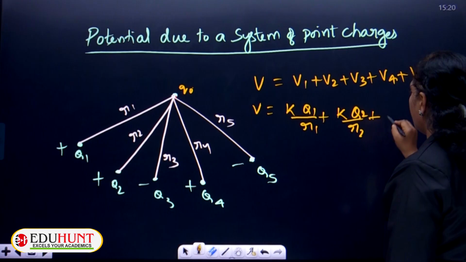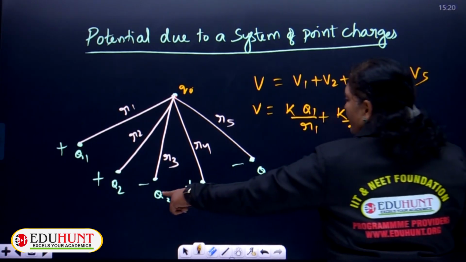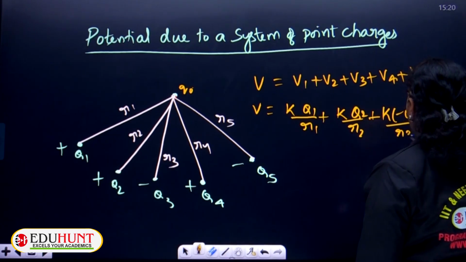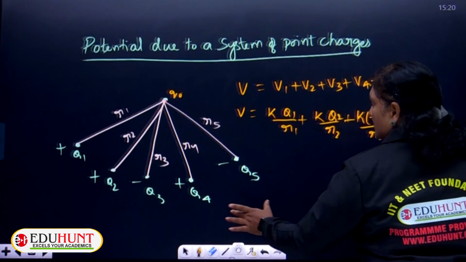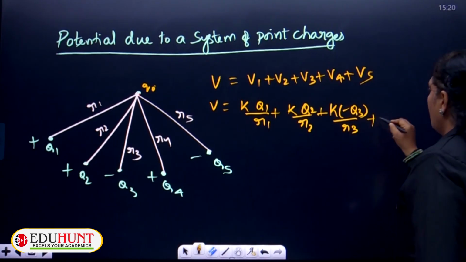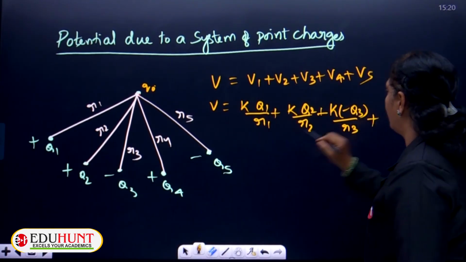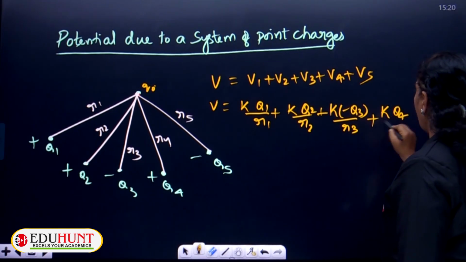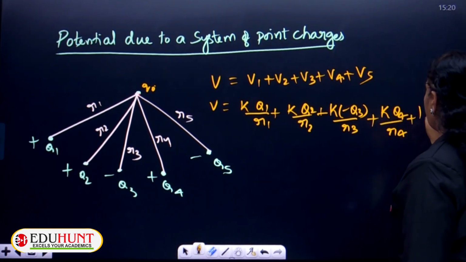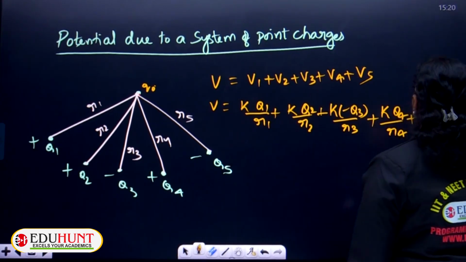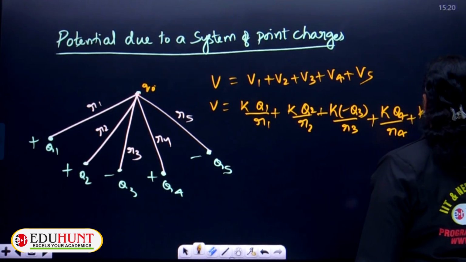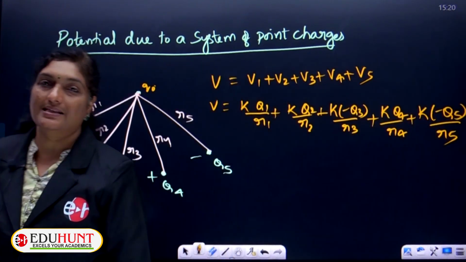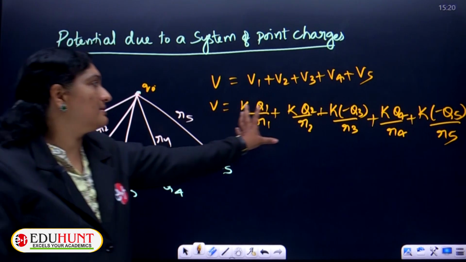For V3, the charge is minus Q3, so minus KQ3 upon R3. For the fourth charge, we have K times Q4 upon R4, plus K times minus Q5 upon R5. So, the net potential due to the system of charges is given as this.